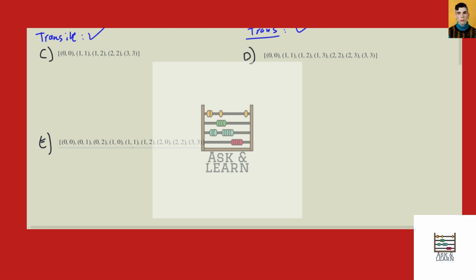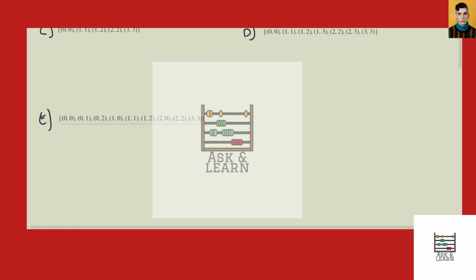All right, let's go to C. Well, we need to check to see if it is reflexive. So it has (0, 0), (1, 1), (2, 2), and (3, 3), so reflexive checks. Let's check to see if it's anti-symmetric.